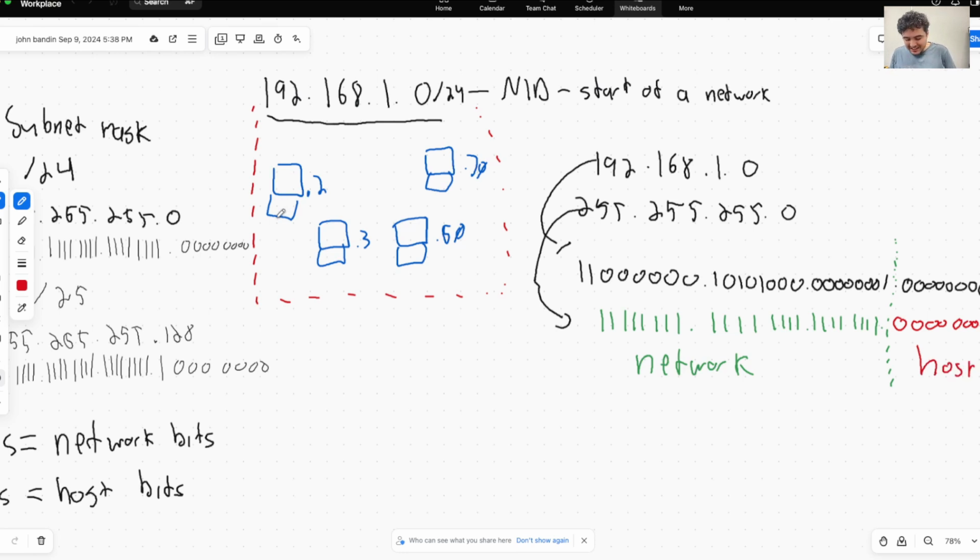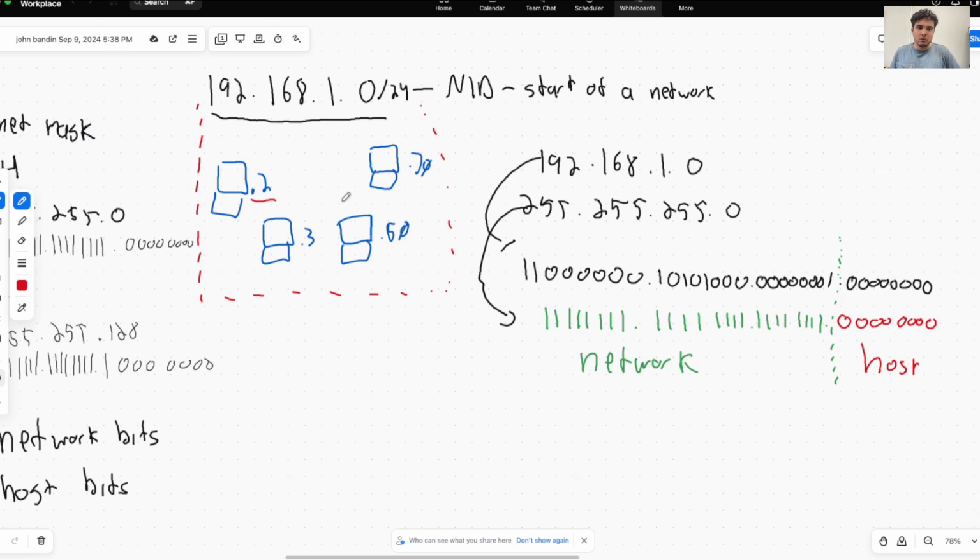So now when I assign this computer .2 with a /24 subnet mask, I know that I fall within this side. So the rest is the network portion.